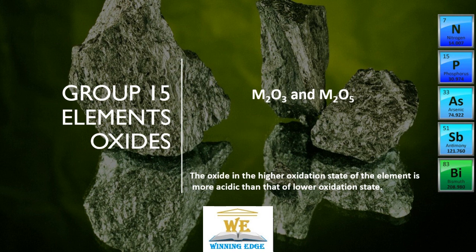So in acidic compounds, because of the higher oxidation state, it has a greater tendency to accept electrons than in the +3 oxidation state. That is the reason they are more acidic than lower oxidation state compounds.